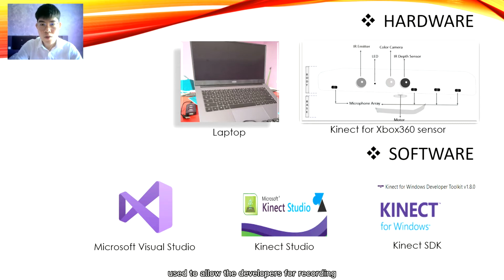Kinect Studio is used to allow the developer to record, play back, and debug clips of the user interacting with the application. Then the Kinect SDK allows developers to build the application in programming languages such as C++, C#, or Visual Basic with the Microsoft Visual Studio software.